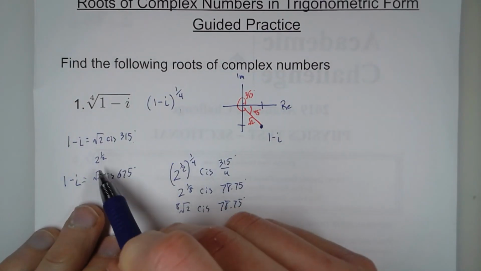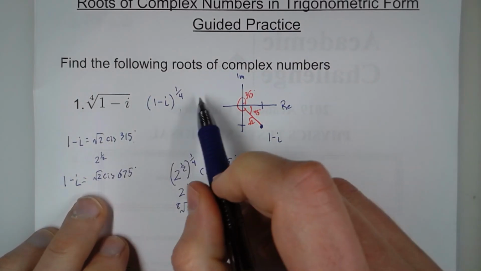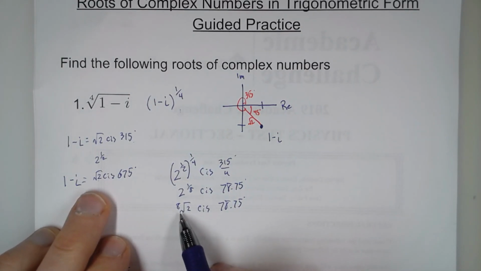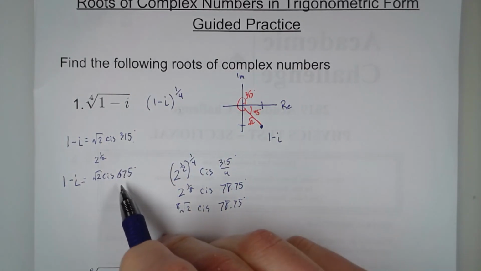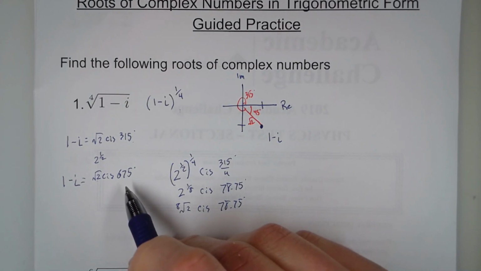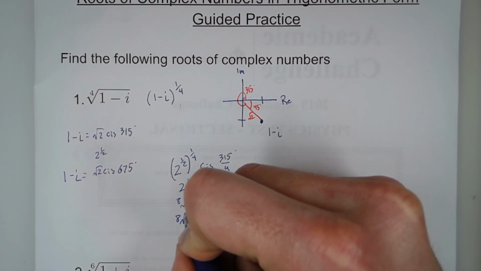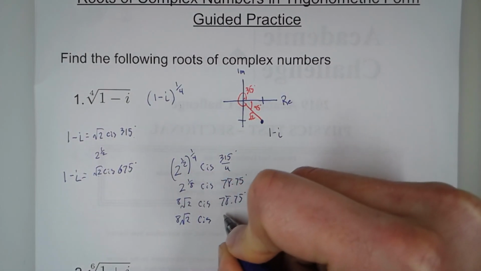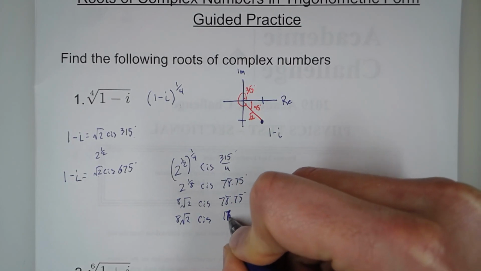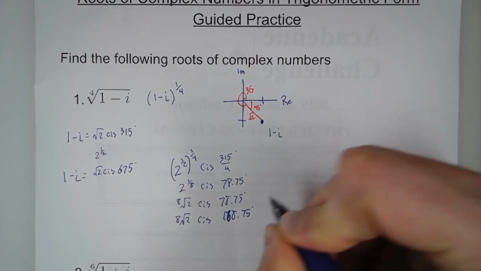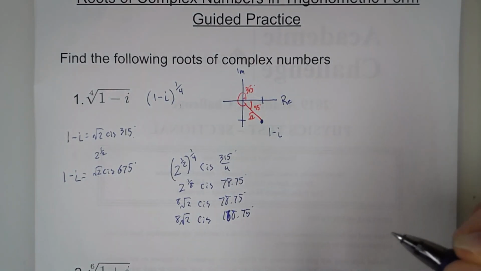However, if I raise square root of 2 to the 1/4, I'd get the 8th root of 2. But if I took 675 and divided by 4, I wouldn't get the same angle as 78.75. Instead, I would get 168.75. And those two are different angles.